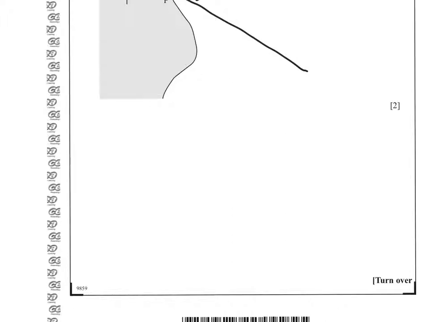So if I do 30 divided by 4, I get 7.5 centimetres. So we want to measure 7.5 centimetres along this line, and we will get S. As I said, this is not how you would do this. You need to use a protractor, a ruler, and a pencil.